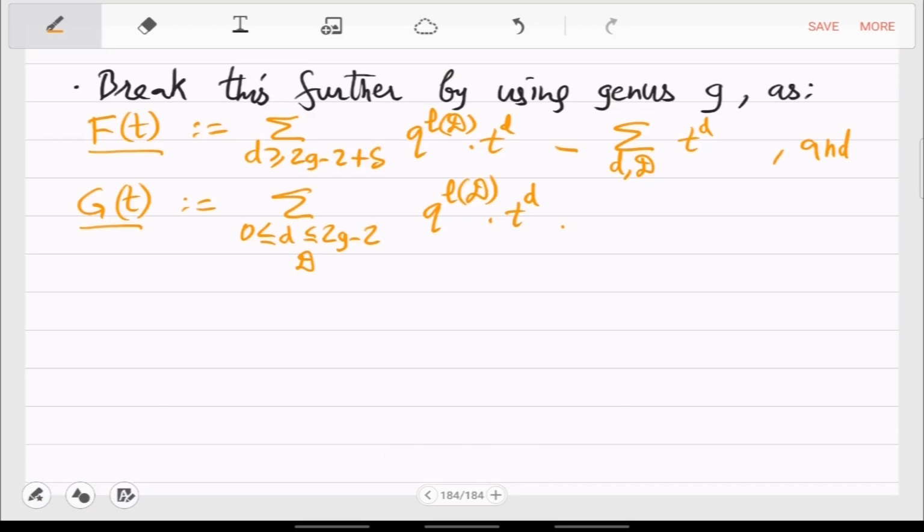Well, we did not lose anything in the middle, because remember that 2g minus 2 is the degree of the canonical divisor, right? So in particular, that was a multiple of delta, because every degree happens to be a multiple of delta. So 2g minus 2 is some multiple, and the next one will be plus delta. So we are doing it in increments of delta, so it's fine.